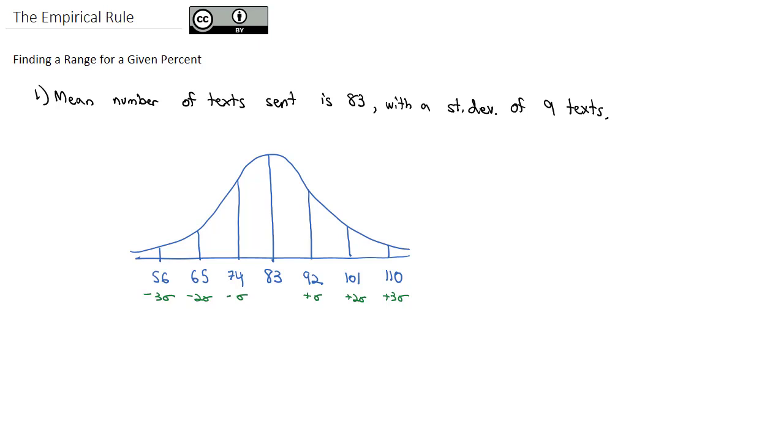From this picture, then, I should be able to identify the range of texts with 68% of data values between them.